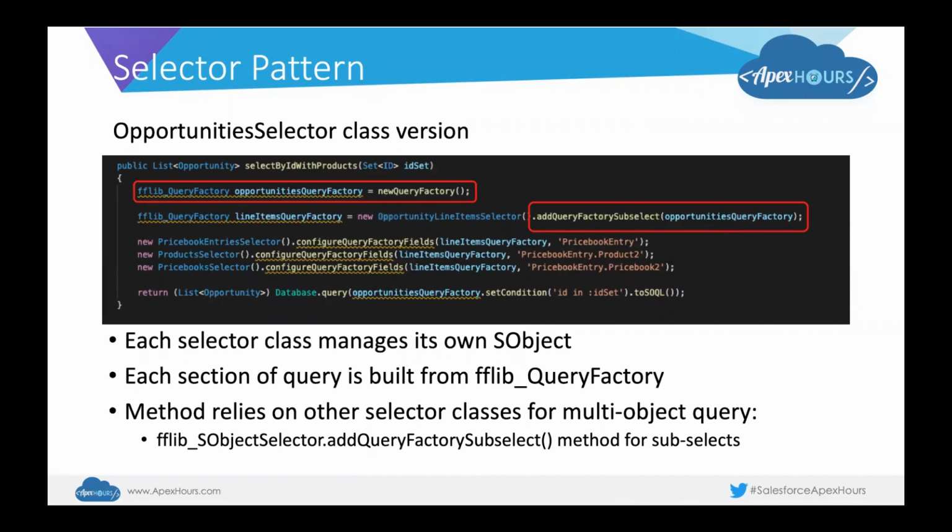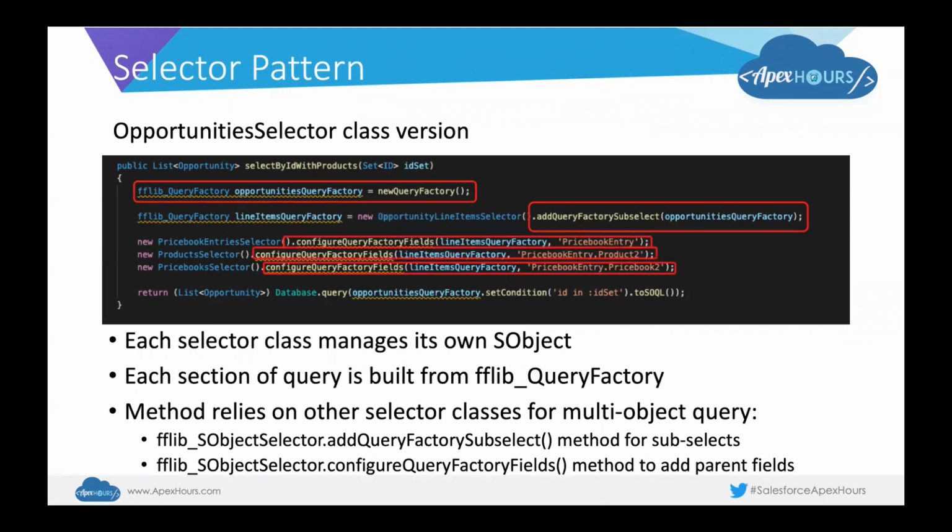You can get more details on this from the code base, but that allows you to add subselect queries. And if you need to include parent fields, you just draw on those parent object selectors and add the extra fields in there. Once it's all said and done, the opportunities query factory is assembling all this configuration information.